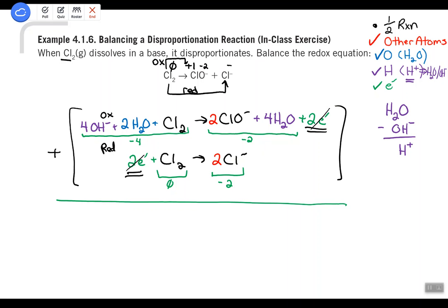I can see I have 2 water molecules on the left and 4 water molecules on the right. I can subtract 2 from both sides, which just leaves me with 2 water molecules on the right. I'll go ahead and rewrite the remaining pieces.